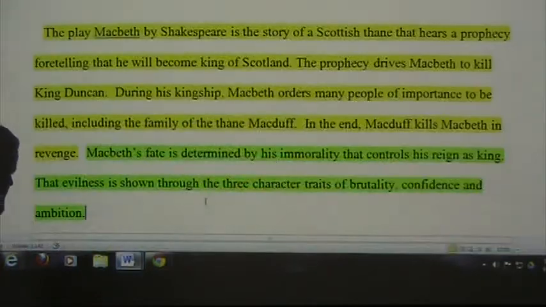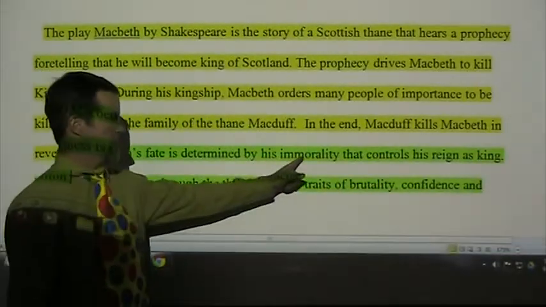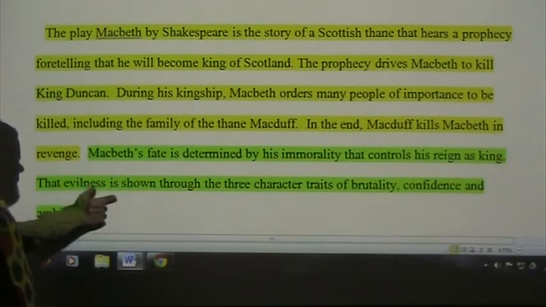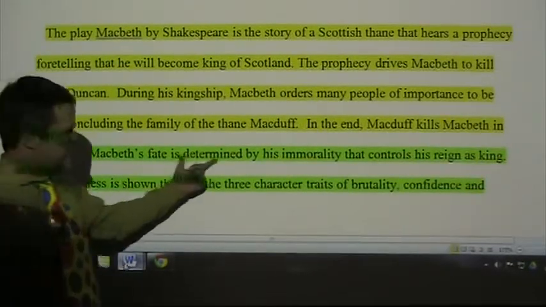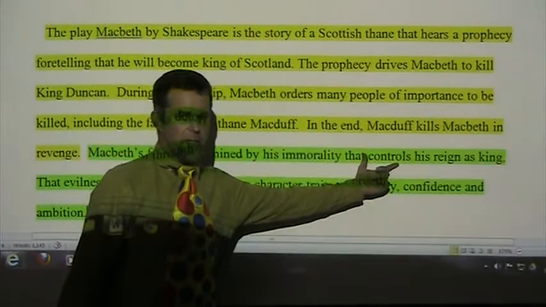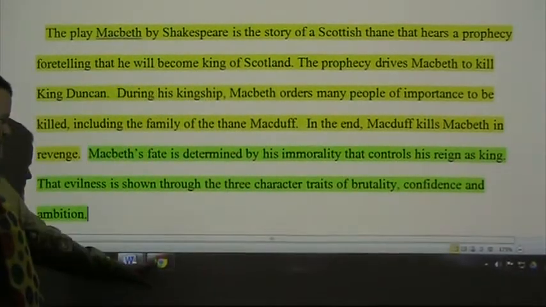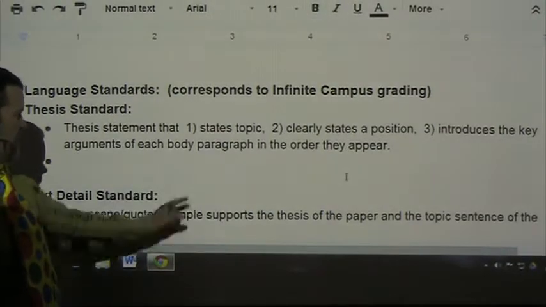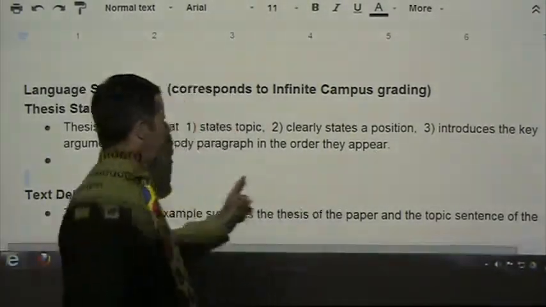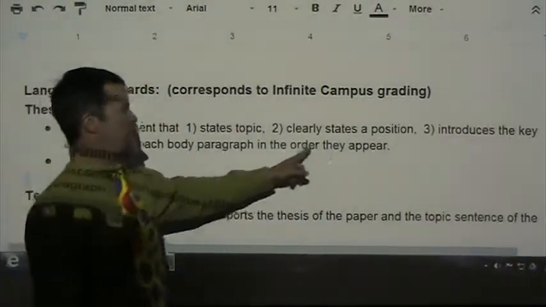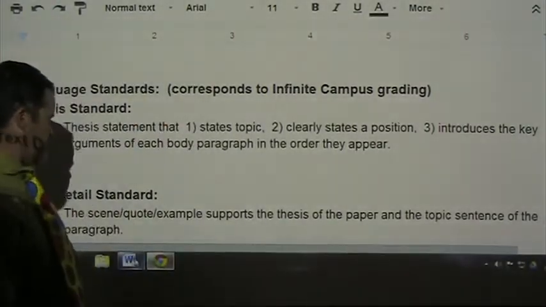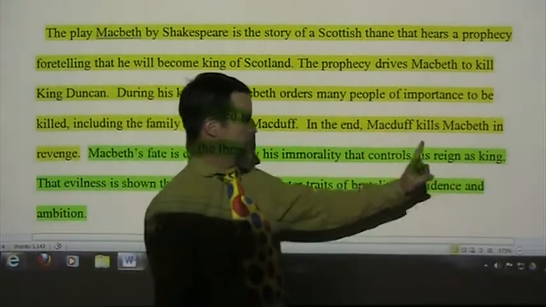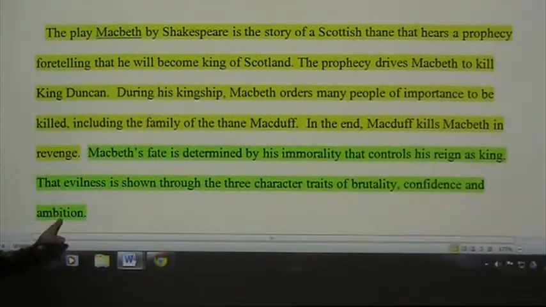Macbeth's fate is determined by his immorality that controls his reign as king. That evilness is shown. This is clearly the topic and the position. And then we have our key arguments. It says that it introduces each key argument for each body paragraph in the order they appear. There they are. Brutality, confidence, and ambition.